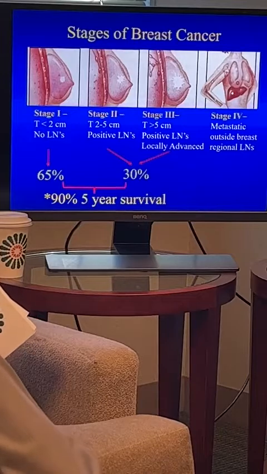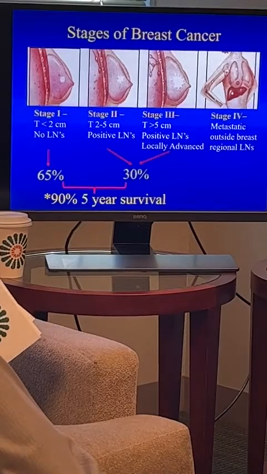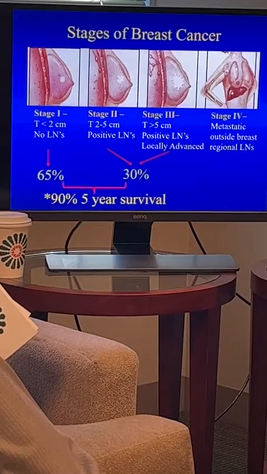It's important to understand that there's a number of stages of breast cancer. They're not all created equal. And fortunately, the majority of patients come in and end up having a stage 1 breast cancer. In fact, 2/3 of patients have a tumor that is underneath 2 centimeters in size, so well under an inch, and they do not have any lymph nodes involved. So it's truly localized to the breast.